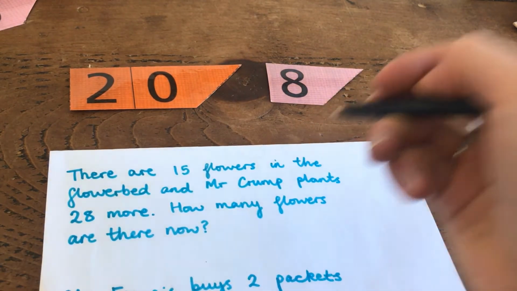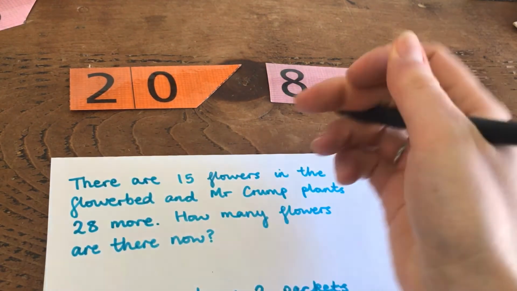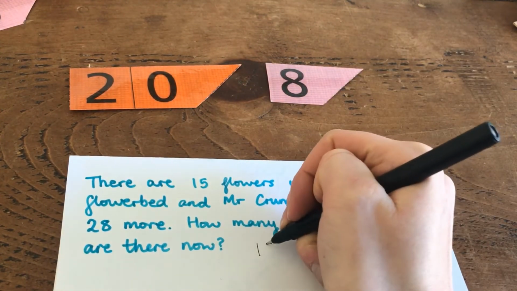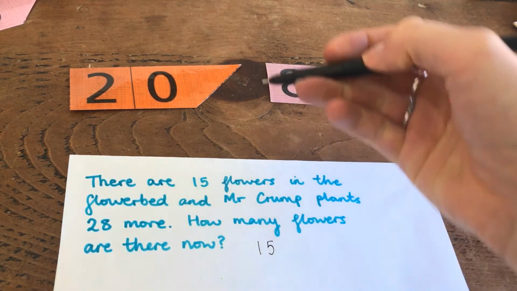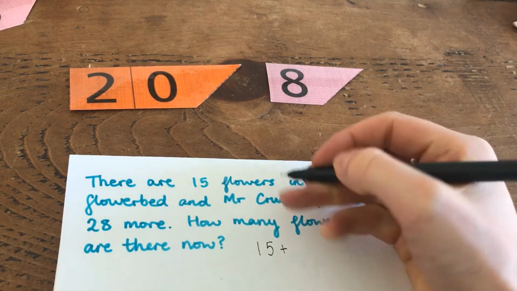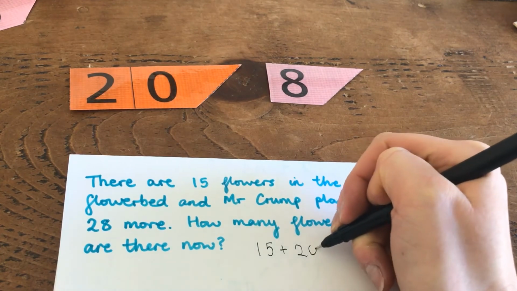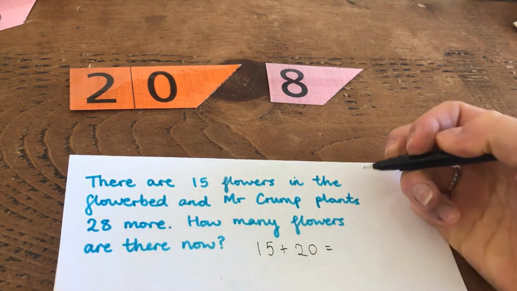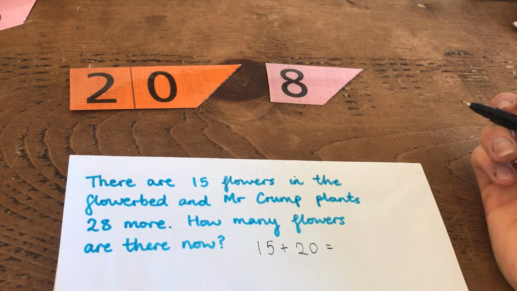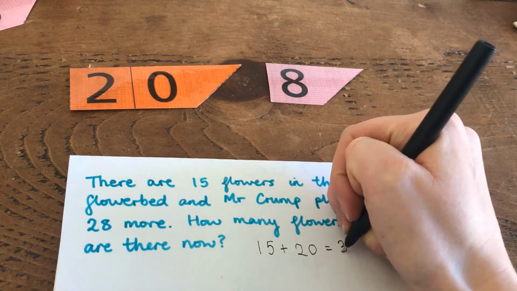So we've got 15. And I'm going to add on the 20 to start with and work out what that is. See if you can tell me what that is. I'll give you a pause. So adding 2 10s on, that's 35.